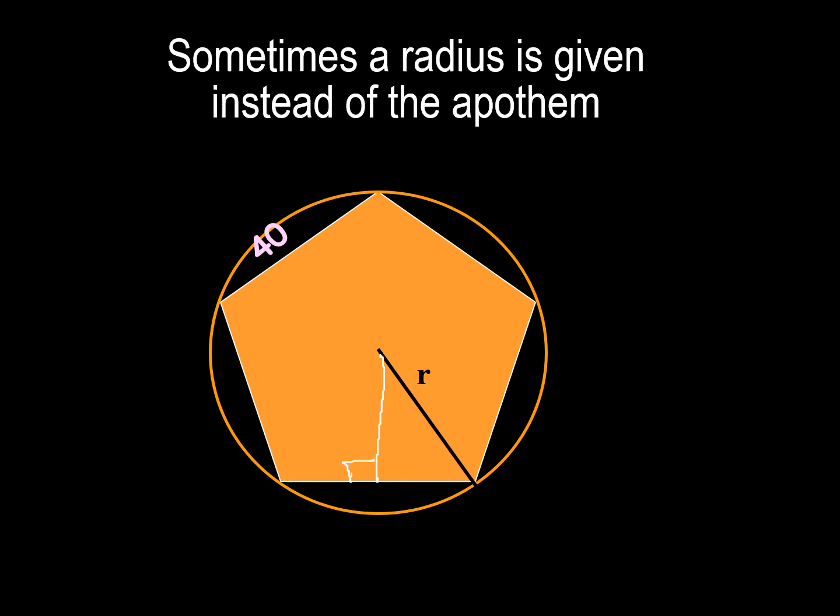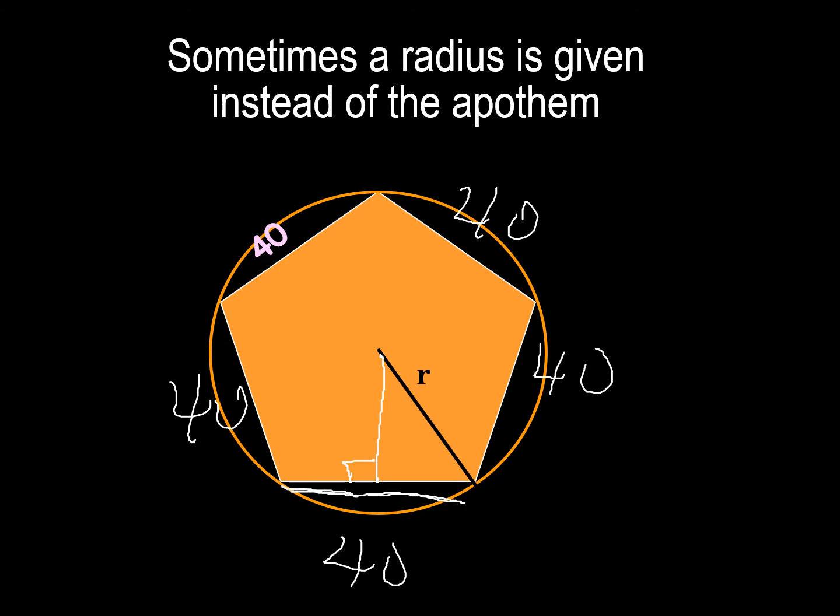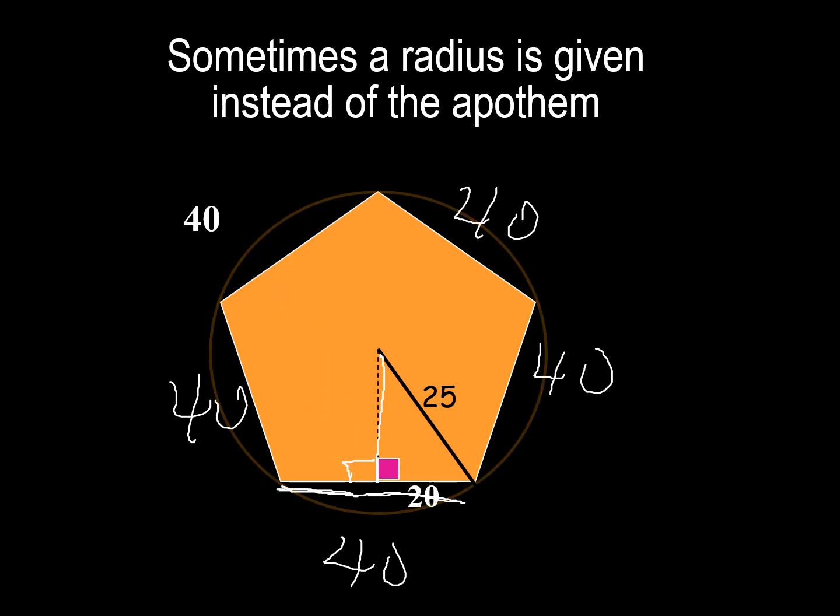All right, well, let's think about what happens with this. It's going to have 40 all the way around. So we know our perimeter, but what does that apothem do to this 40 down here? It splits it and makes 20, doesn't it? Oh, and I think I have to give you a radius too. So it makes 20 right there for that split.